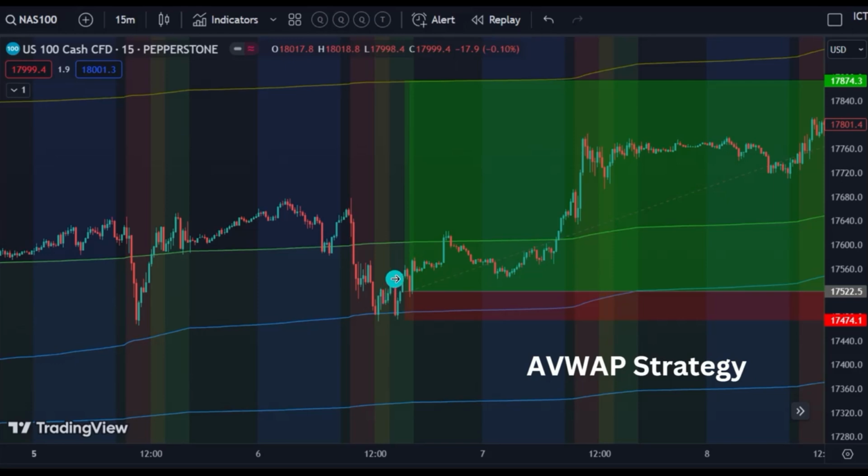So once price closes into this original fair value gap and then wicks out of it, that is an entry. So you enter here, and your target is this second standard deviation above the center line.